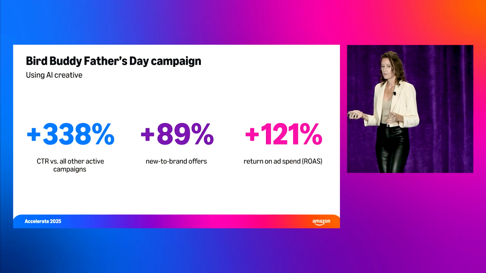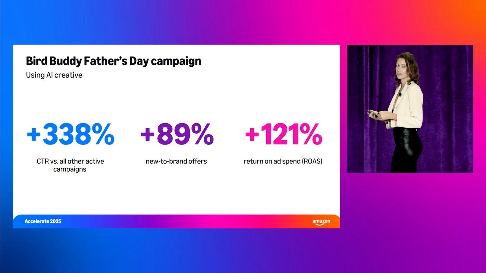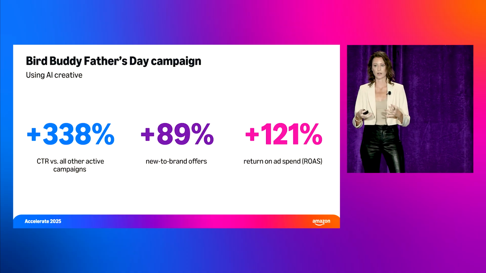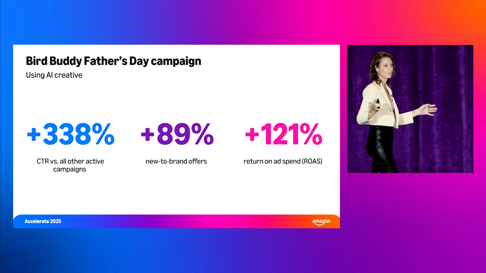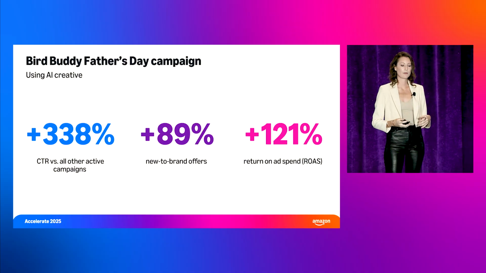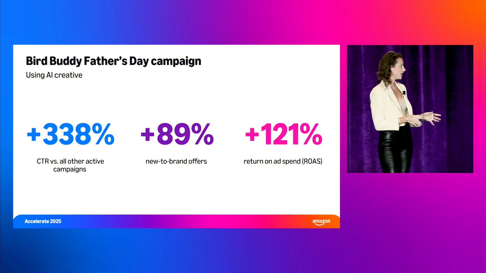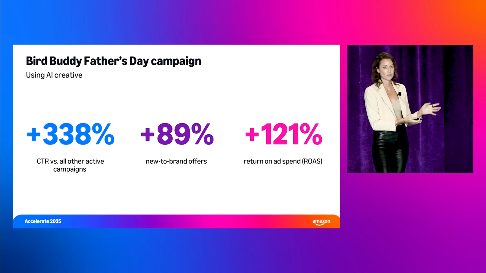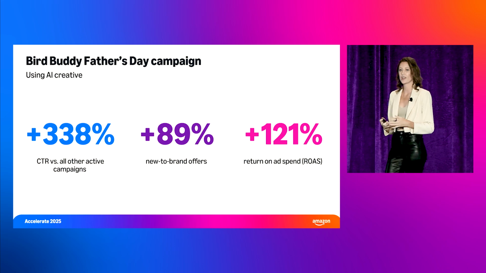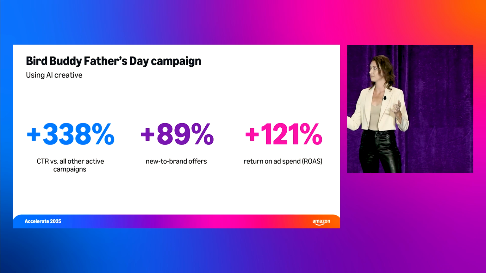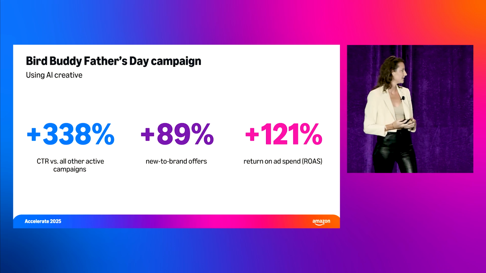Now again, progress over perfection. This was something that we've really been working towards, and this was a micro season for us. Father's Day was not our Super Bowl. But because we were able to go to market so quickly with a video, and the results spoke for themselves, we've now unlocked a much larger opportunity to identify other key seasons, maybe that are outside of Black Friday, Cyber Monday.